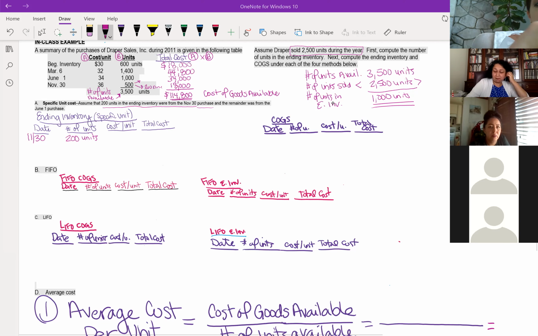Yes. So 200 units from this layer at $36, the cost per unit. And the total cost for this layer is $7,200.